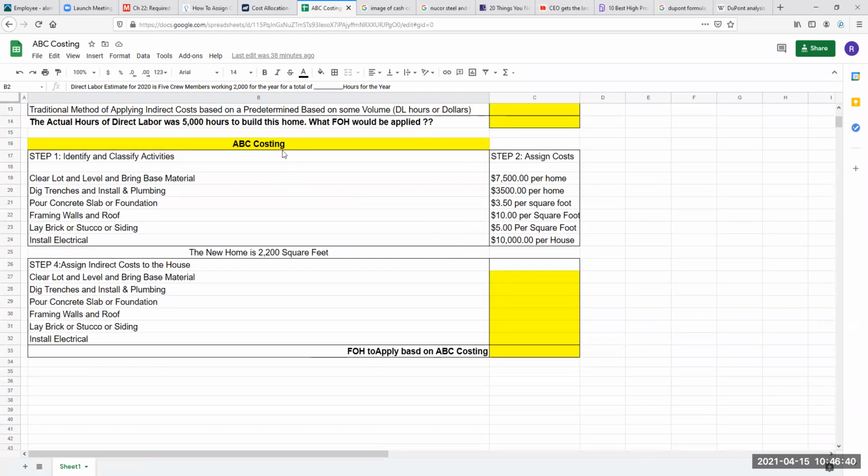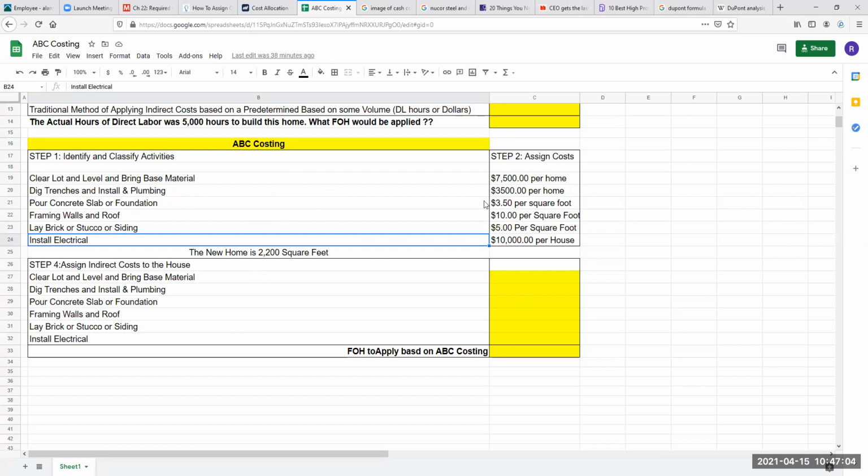So now in ABC, activity-based costing, here are some activities in building a house: clear the lot, level it and bring in base, install the plumbing, pour the concrete slab, frame the walls, put on a roof, put up the siding, install electrical. I hope y'all can relate to these activities.